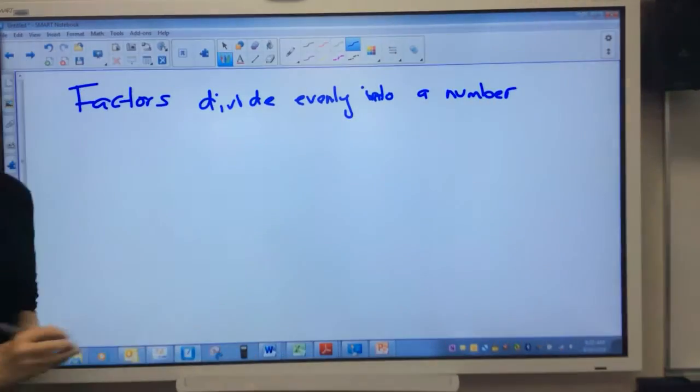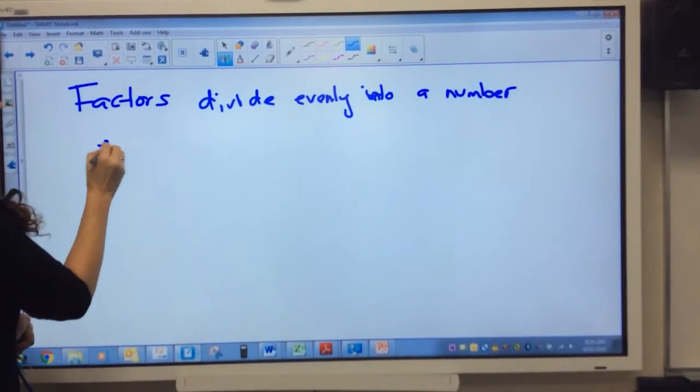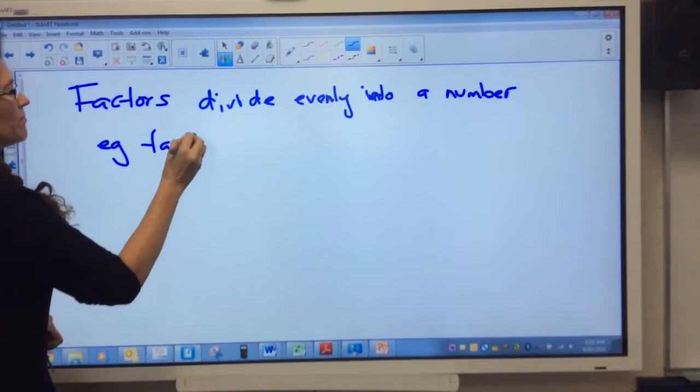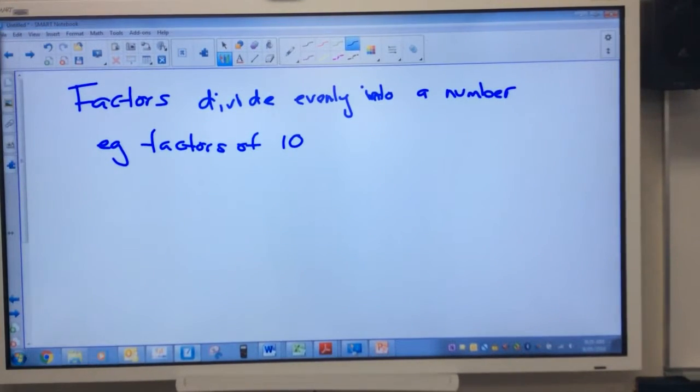So for example, the factors of 10 are things that divide evenly into it. The other way of thinking about it is it's the questions that would give 10 as the answer when I'm using multiplication.